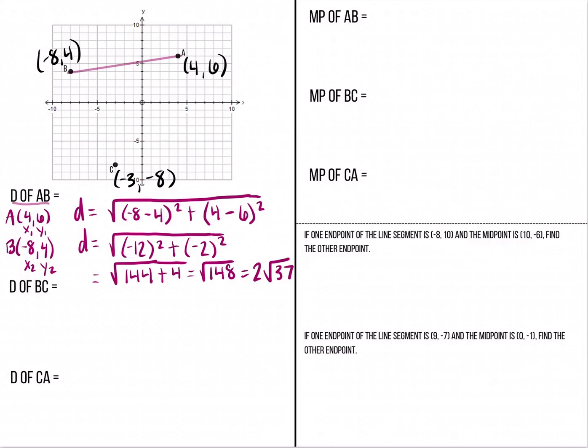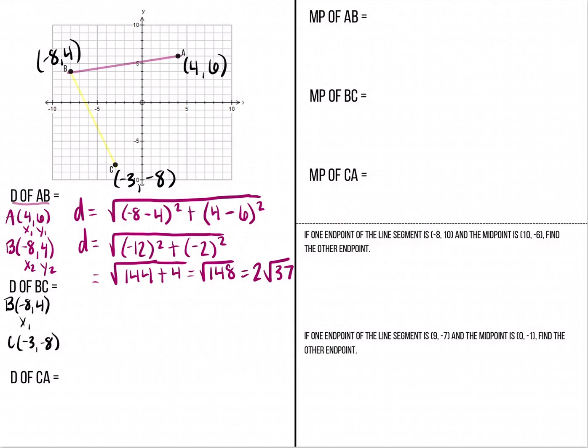Then we want to find the distance from B to C, from here to here. To do that, we first label the coordinates. B is -8, 4. C is -3, -8.